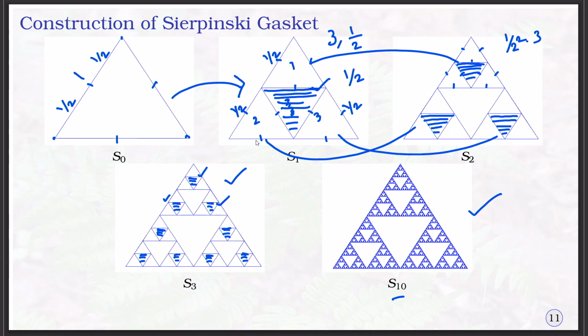Similarly, the left side of this triangle produces 3 triangles of side length 1/2 power 2, and similarly this triangle produced 3 triangles, their side length is 1/2 power 2.